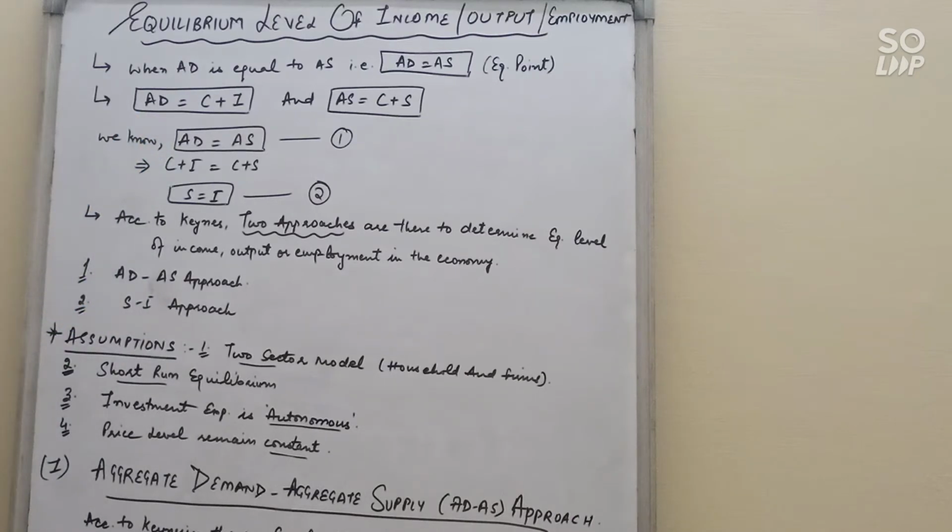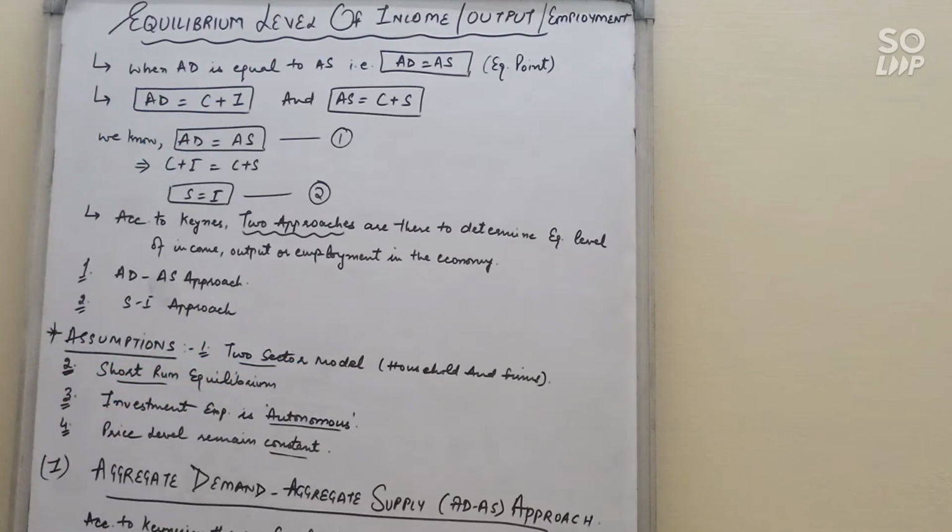Clear? Before determining the equilibrium level of income, output and employment, let's see some assumptions. First, we are doing this in the two sector model. It means we are taking only households and firms. That's why we have taken AD equal to C plus I, which is the formula under the two sector model. Clear?